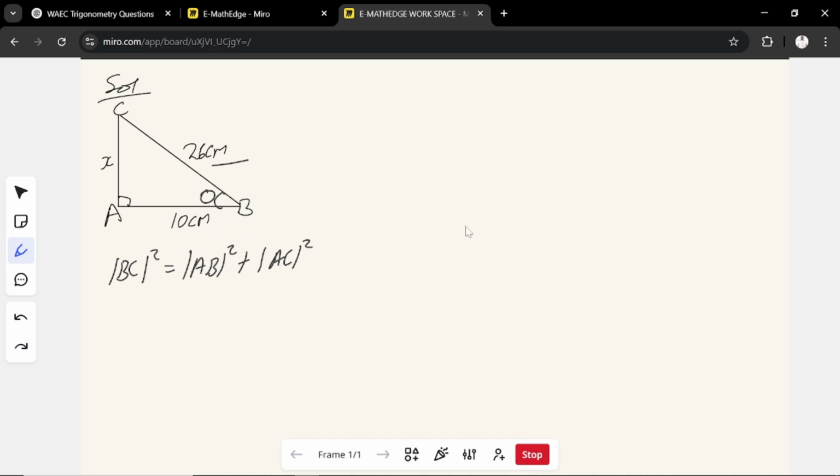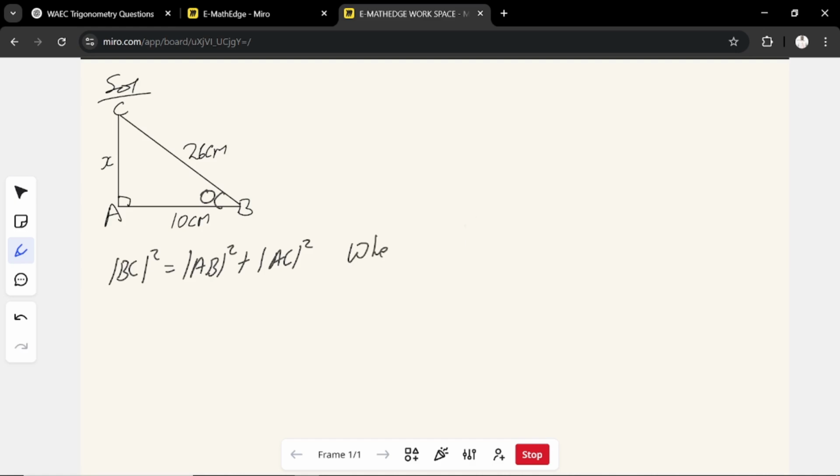And we also have the adjacent side to be AB, and we as well have the opposite side to be AC. So with this formula, we can easily obtain the value for X, which is line AC, which we were asked to find from the question. So having known that BC is equal to 26, let's substitute it into the formula.